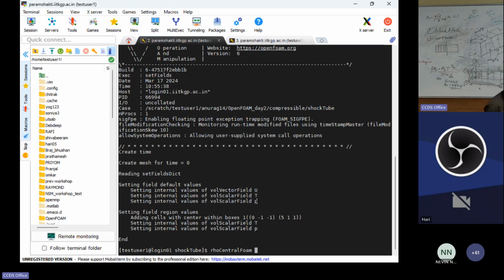So there is a problem in your bashrc probably. Please check if you have changed it to adjustable runtime. After that, what you need to do? Which file to edit? Control D. Yeah. It's not cd, it's a file. It's vi.